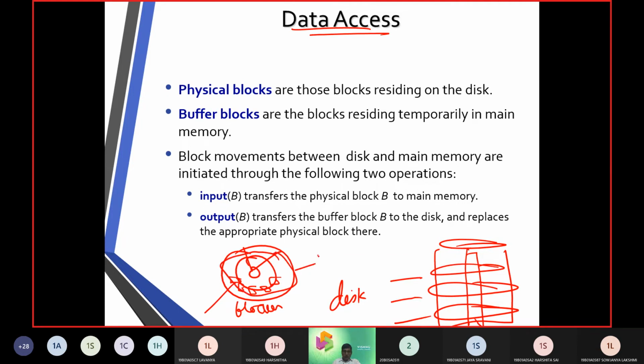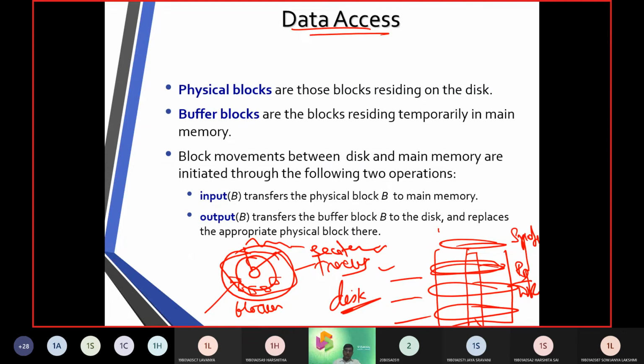The storage of the blocks is on tracks, and a section of a track we call a sector. A hard disk has many partitions, and we have a spindle here that rotates and does read or write operations on the disk block. Disk blocks are accumulated on a hard disk and stored in the form of tracks, and partial divisions of them we call sectors.